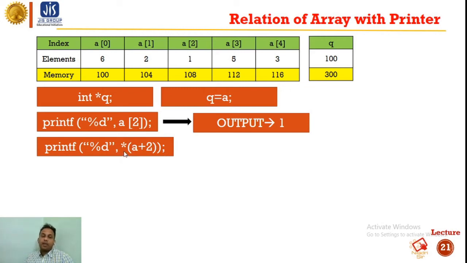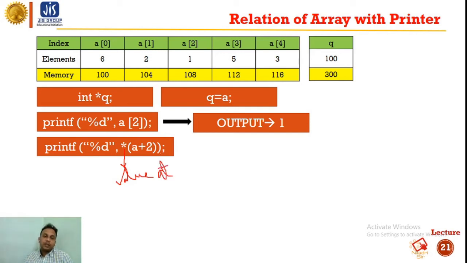What is the meaning of this pointer expression? I'm writing it for you. This is value at address.